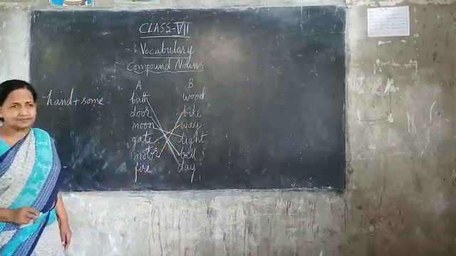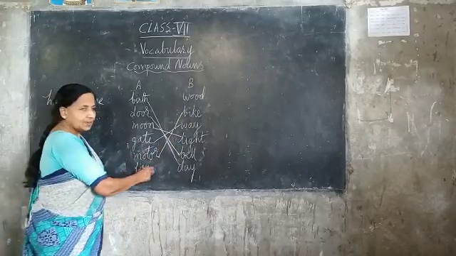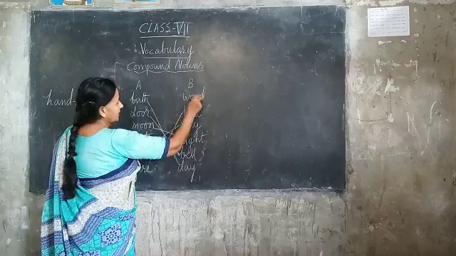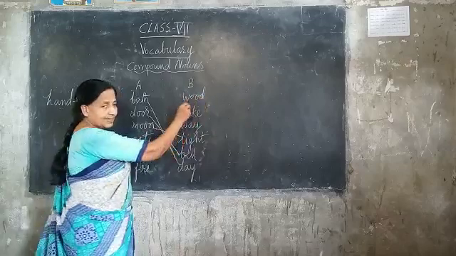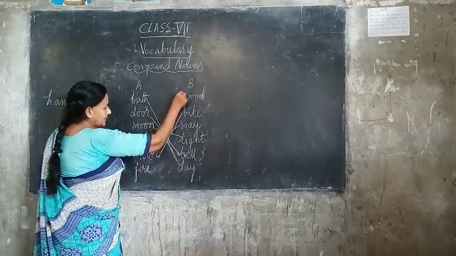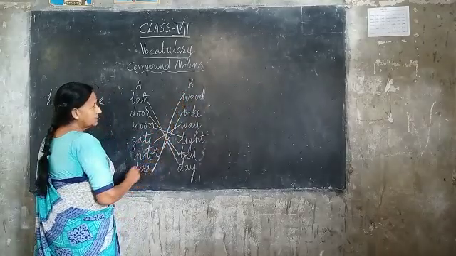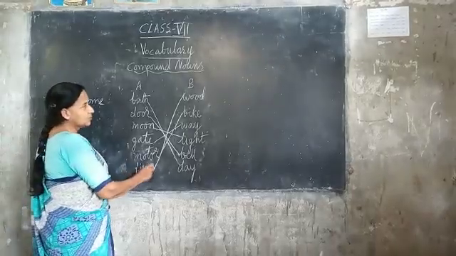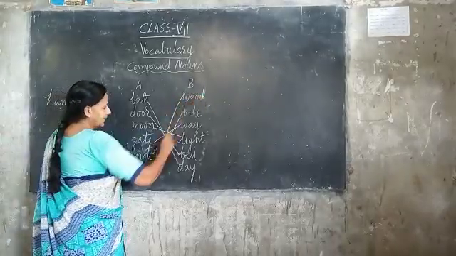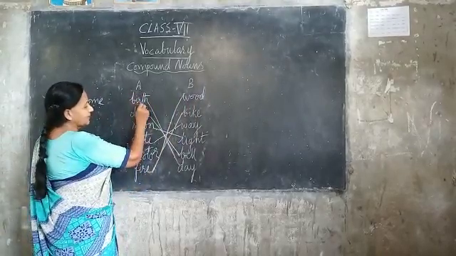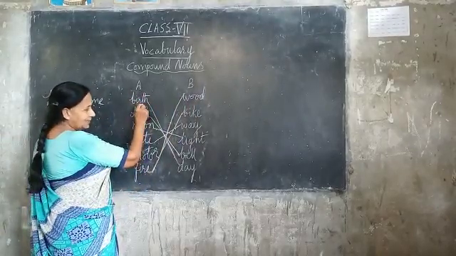F-I-R-E, fire, is a word by itself. W-O-O-D, wood, is a word by itself. While we are joining fire with wood, it is formed into firewood, another word. So each word by itself has a particular meaning.